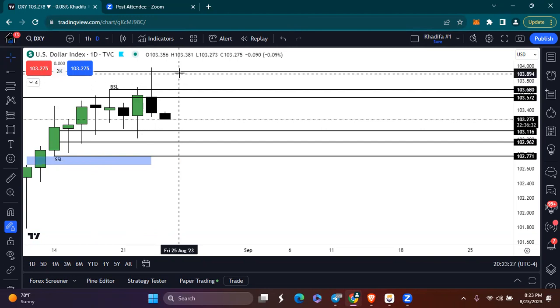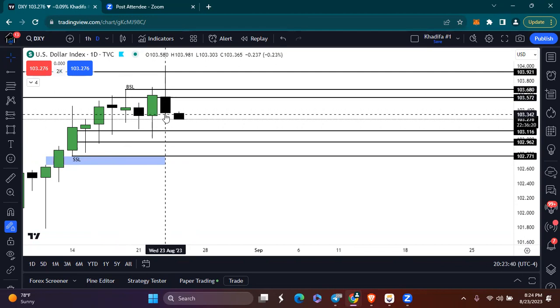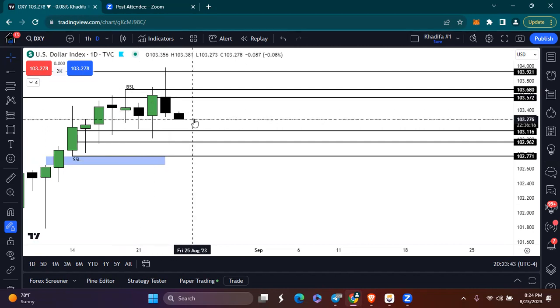And we pushed back up to run last week's buy side liquidity one more time, but then we see today the market still closed below that level, right?